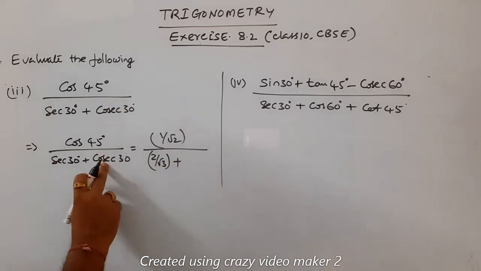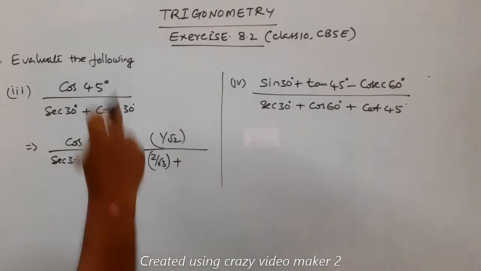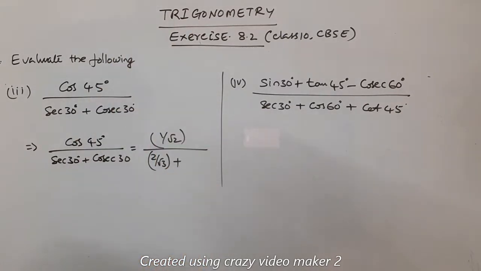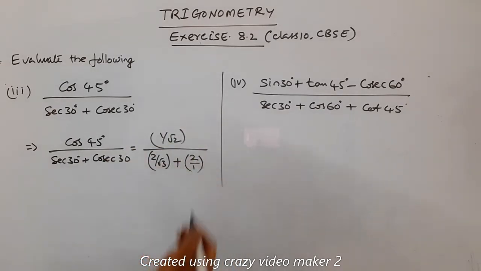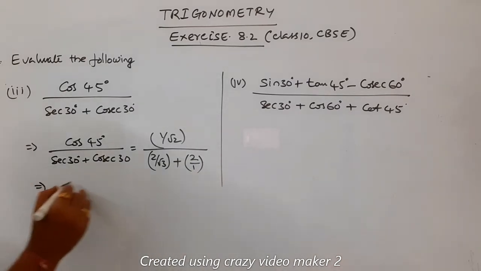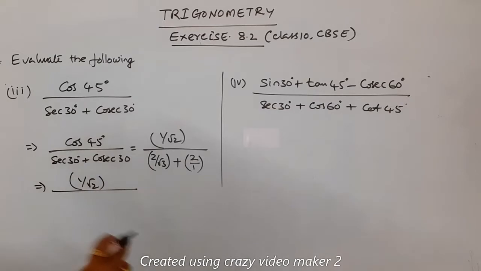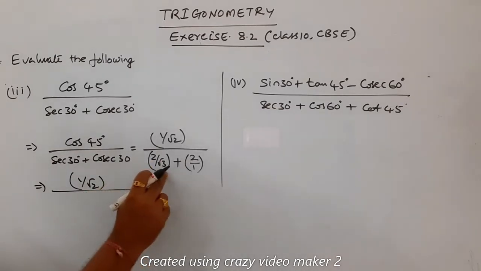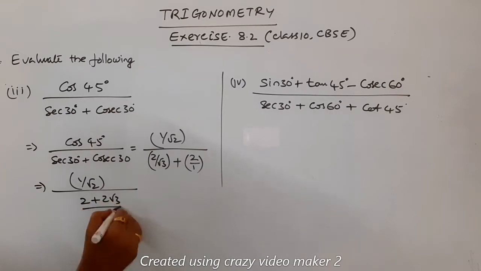Cosecant 30 is 2 because sin 30 is 1 by 2. So 2 by 1, no problem. Now 2 by root 3 plus 2 gives 2 plus 2 root 3 by root 3.